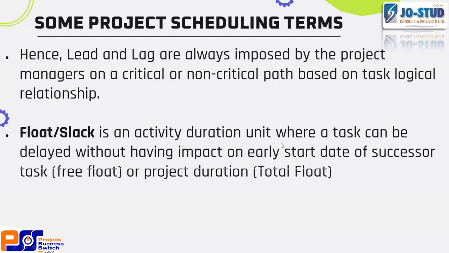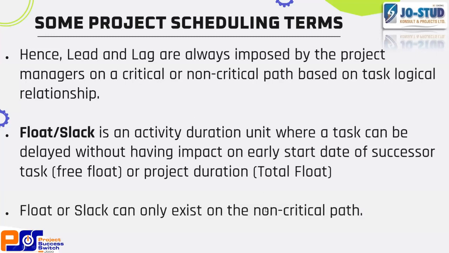Yes, sir. Okay, now you will also hear me using the word float as we go on. Float is just an activity duration where a task can be delayed without having an impact on the early start date and the total duration. It's just very simple, right? Float can only exist on a non-critical path.